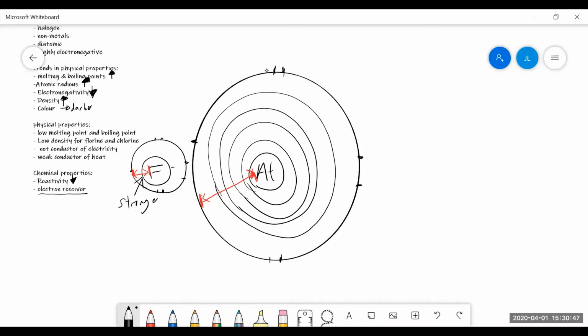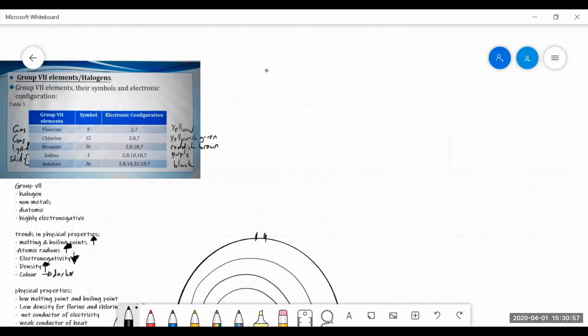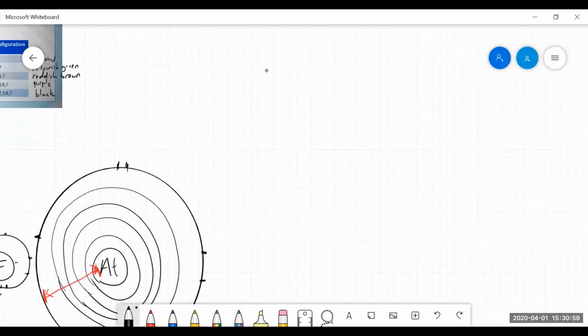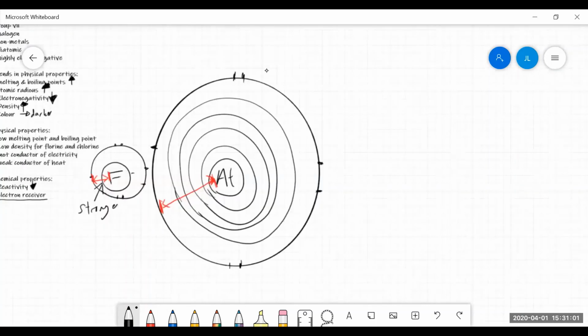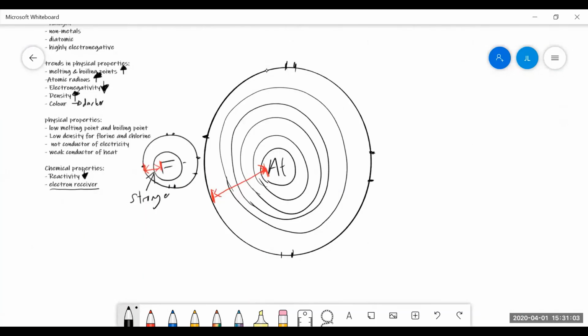Which means it receives electrons more easily compared with this astatine, correct? Agree? Can you follow the theory?